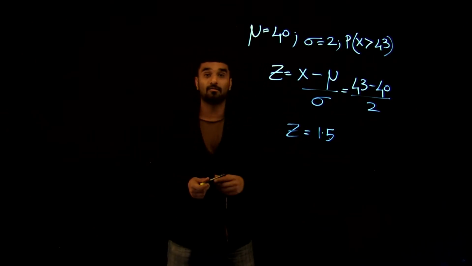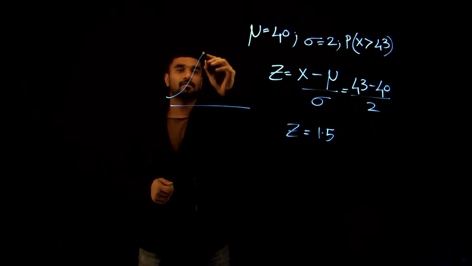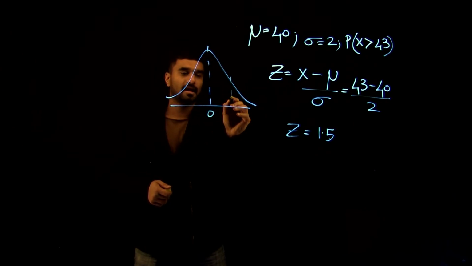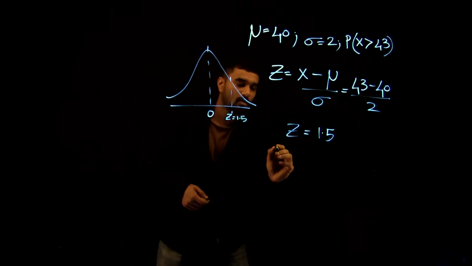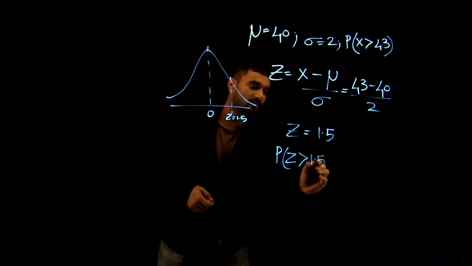If you were to plot the normal curve now, it's going to be centered about 0, and you now want to find the probability of z greater than 1.5.